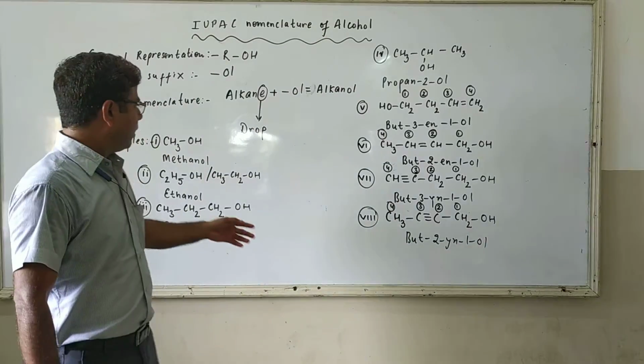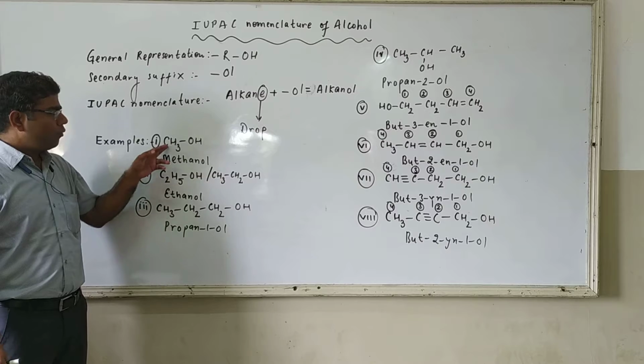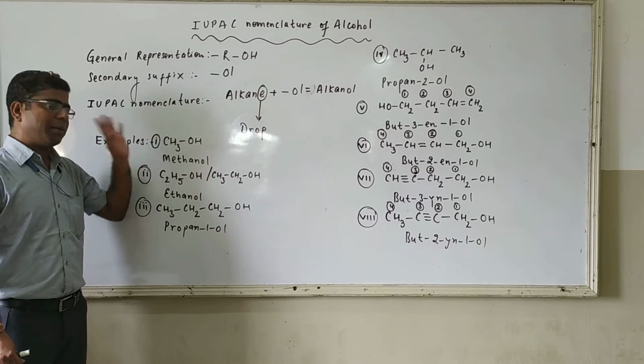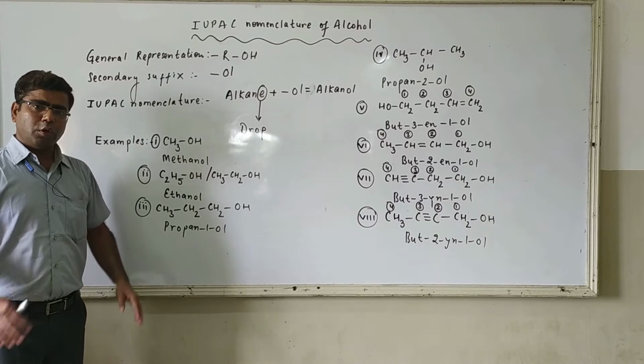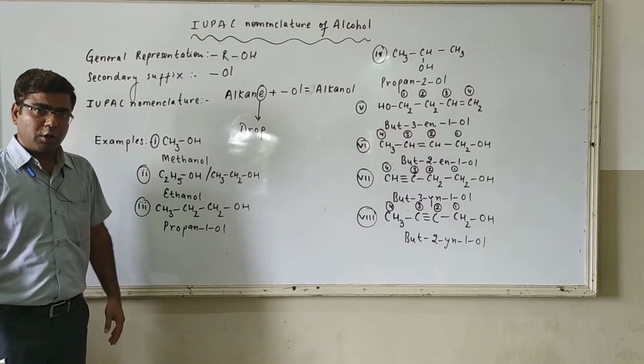See here, in case number 1, we have only one carbon atom, so we can attach the OH group to this carbon atom. So no other position is possible for the OH group or alcohol group.